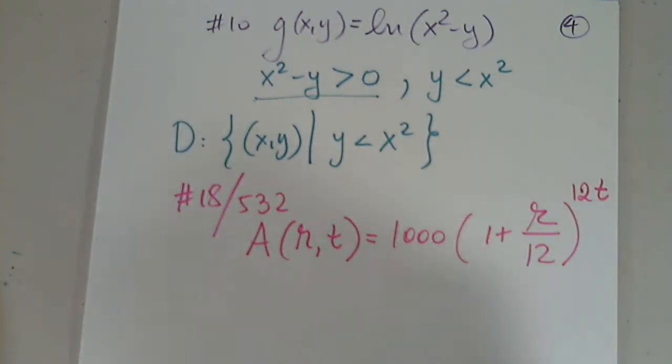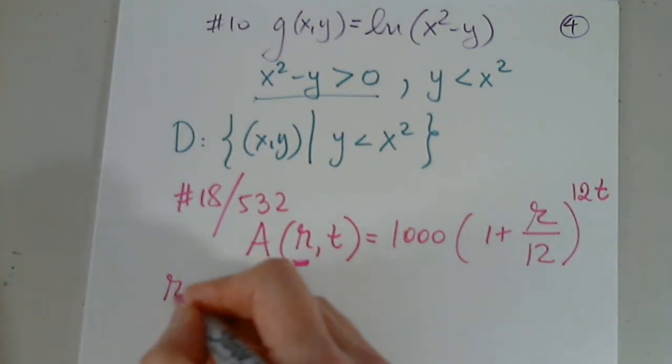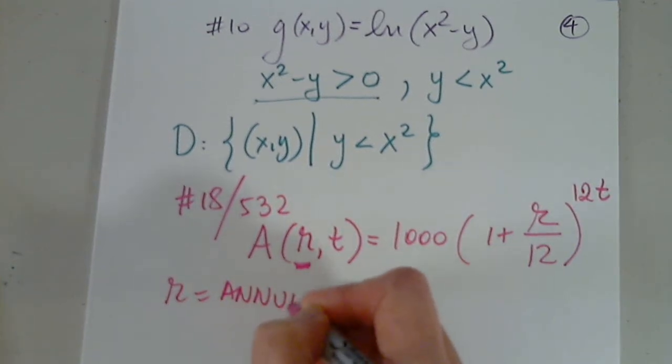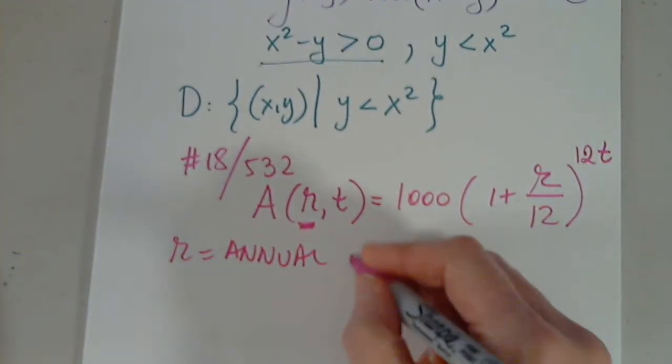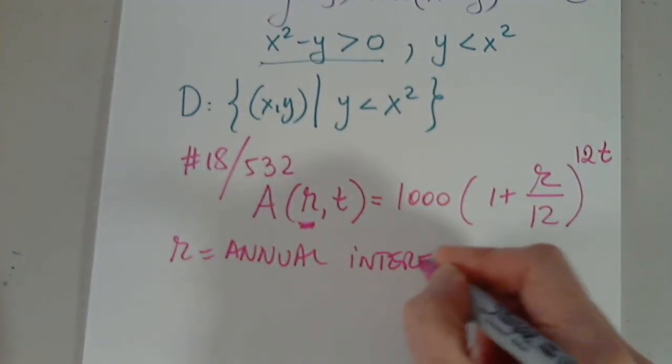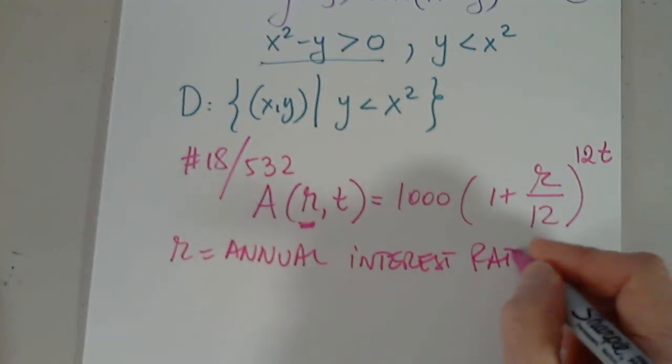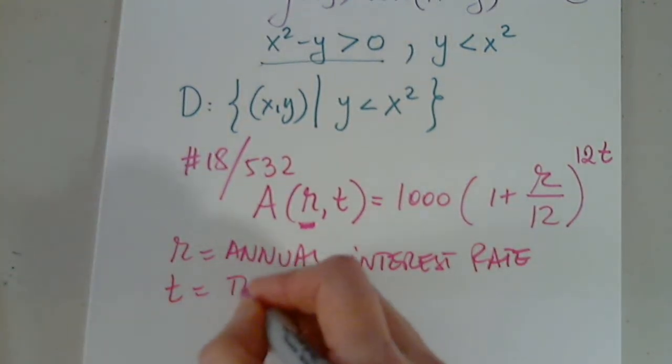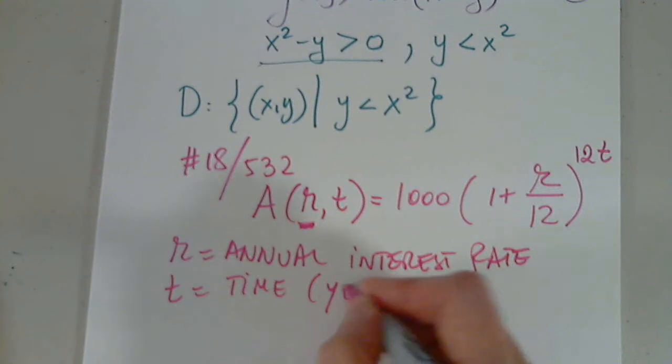This function is a function of two variables: R, which is the annual interest rate, and T is time in years.